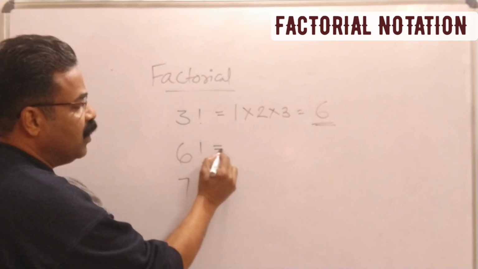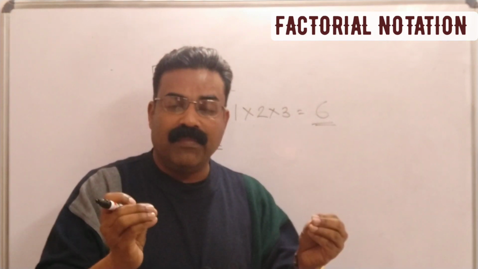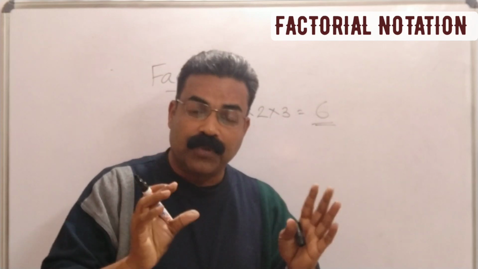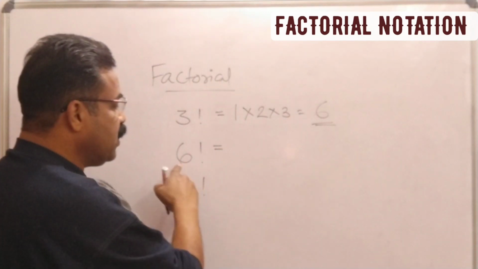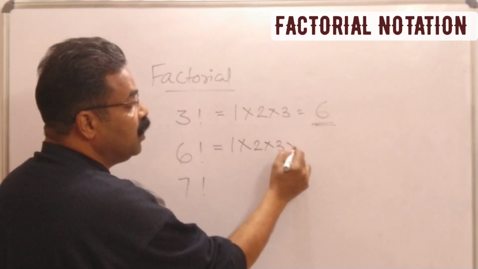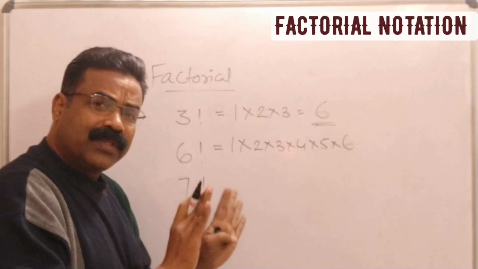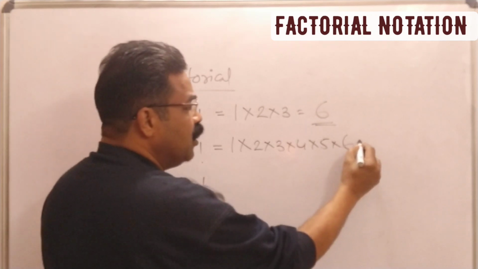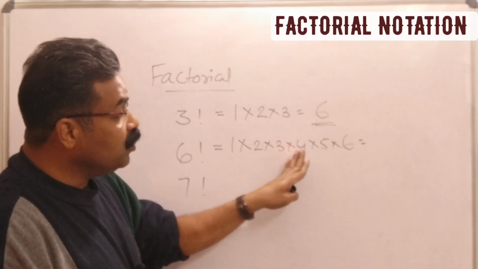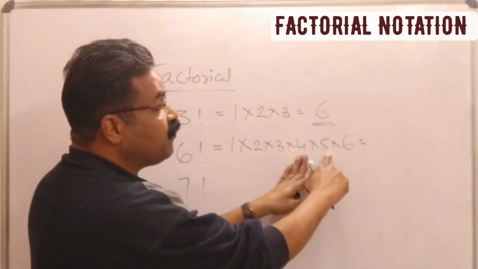Similarly, 6 factorial. Now you have an idea of what factorial notation is. 6 factorial means we have to multiply all numbers from 1 up to 6: 1 into 2 into 3 into 4 into 5 into 6. 1 into 2 is 2, 2 into 3 is 6, 6 into 4 is 24, 24 into 5 is 120.